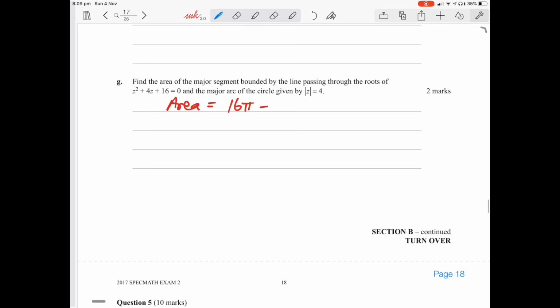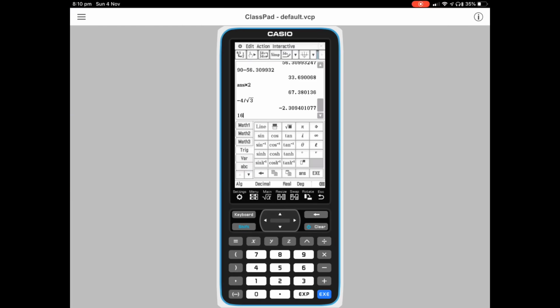Just trying to think, what's the area of a segment? It's 1/2 r squared, 4 squared, 2 pi on 3 plus sine 2 pi on 3. 16 pi minus 8, does it want an exact answer? 16 pi minus 8 times 2 pi on 3 plus, is it plus or minus?